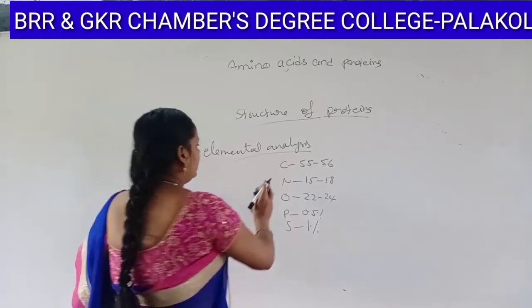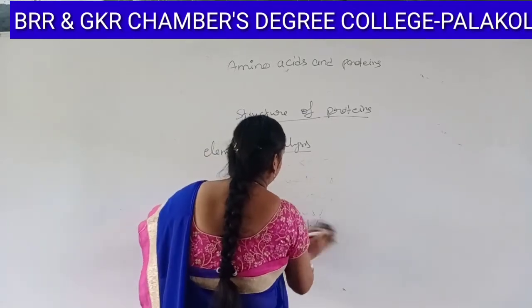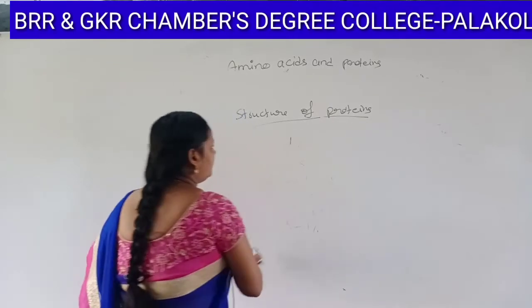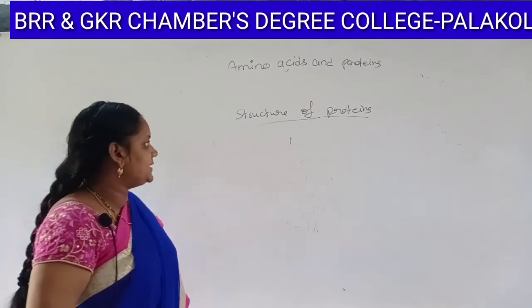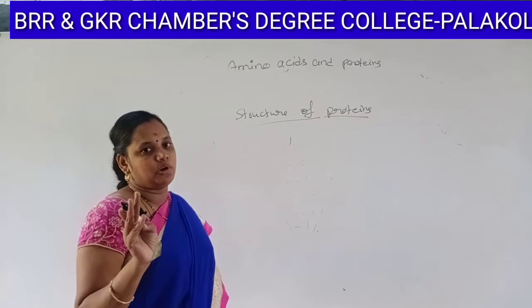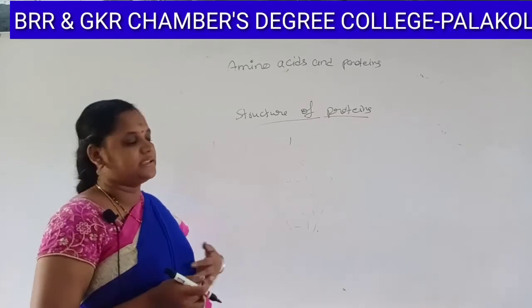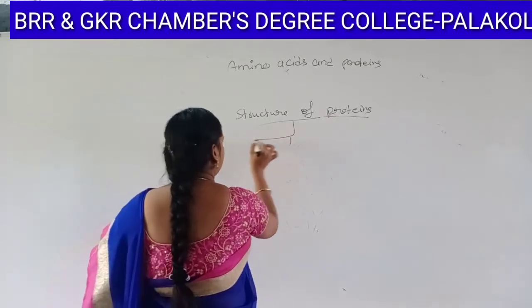Now, let us move to the next thing. Actually, the structure of proteins has three models: primary structure, secondary structure, tertiary structure. How many models, students?